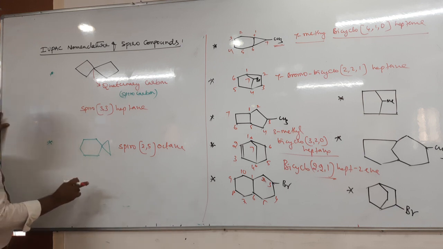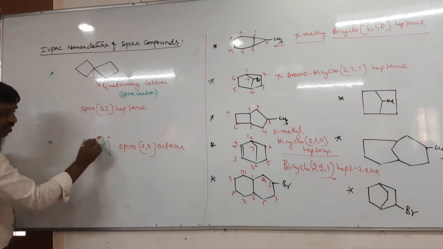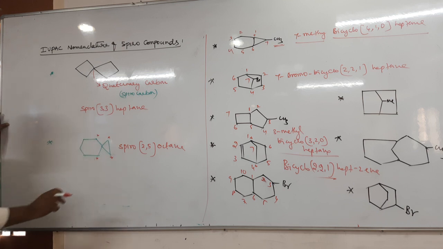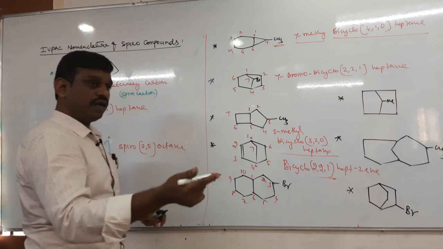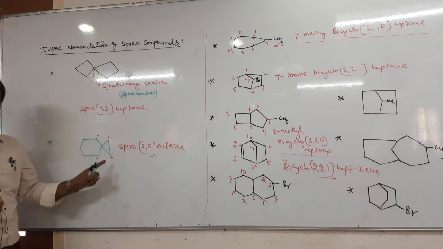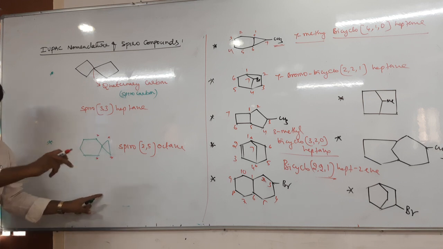Next to the spirocarbon. It is a spirocarbon. Next to the spirocarbon is this or this or this. Okay, there are carbons next to the spirocarbon. Numbering should start from next to the spirocarbon and proceed first what? Proceeding first from the shortest bridge to the longest bridge.